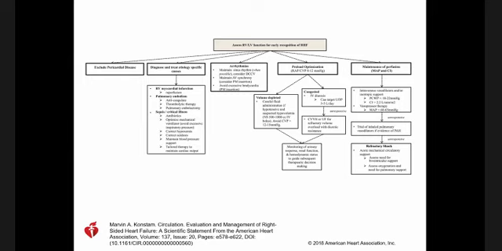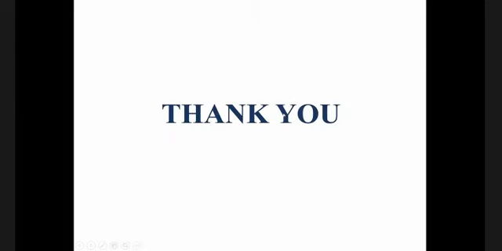So basically the diuresis and other treatments depend on the urine output and the CVP. So you need to look at these two things to know how much volume to infuse in these people. Thank you.